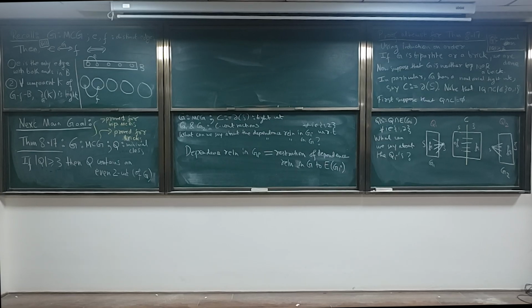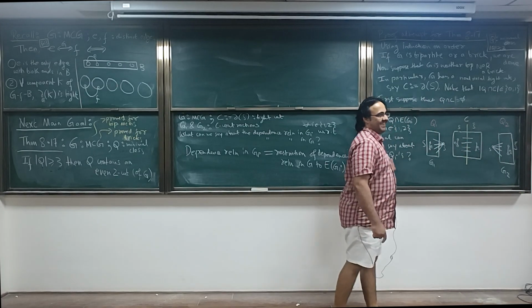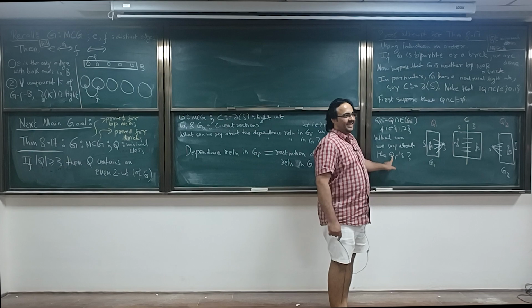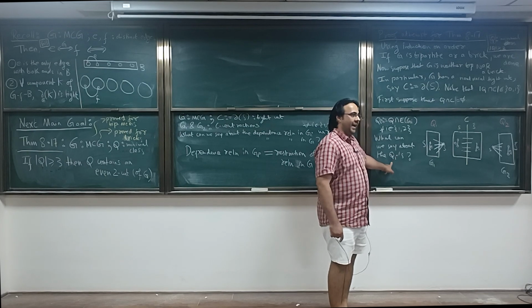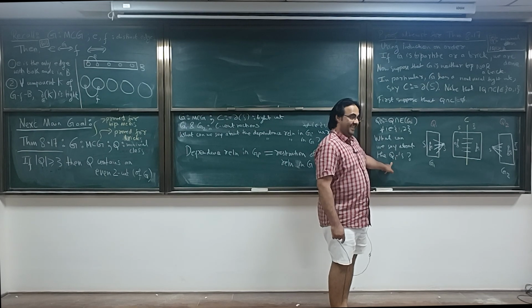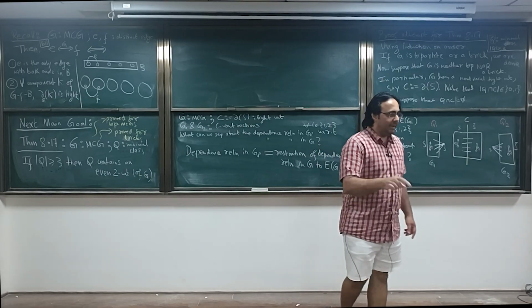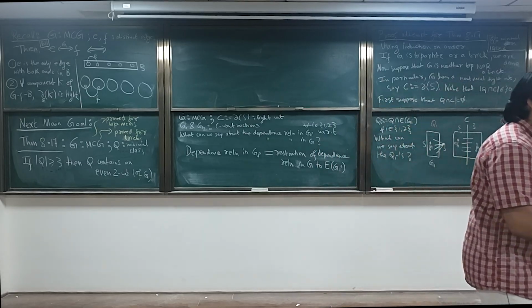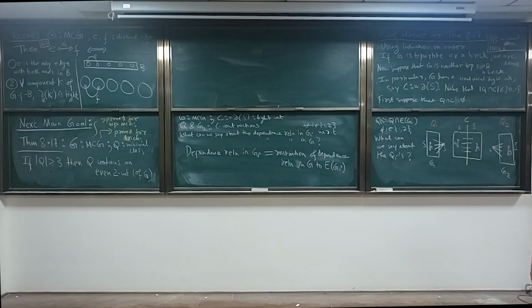What does that imply about the Qi's? This immediately tells you that Qi is either a minimal class of Gi or it is empty. It could be empty, right?